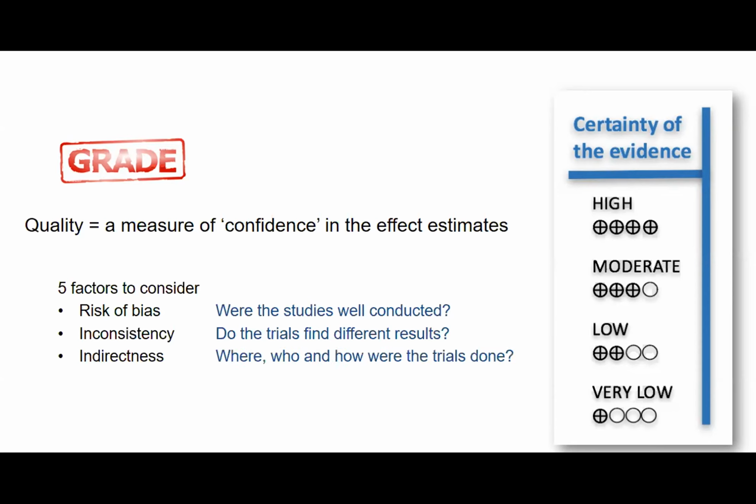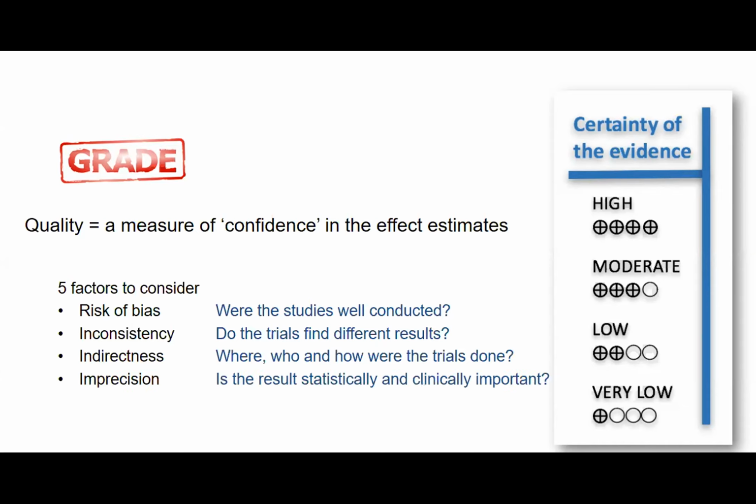You will also look at indirectness to see if you need to make a certain decision, for instance, linked to something specific in a low or middle income country setting, but the trials in the review are all in a high income setting, you may decrease for indirectness. Similarly, it may also be linked to the outcome or how the outcome was assessed.